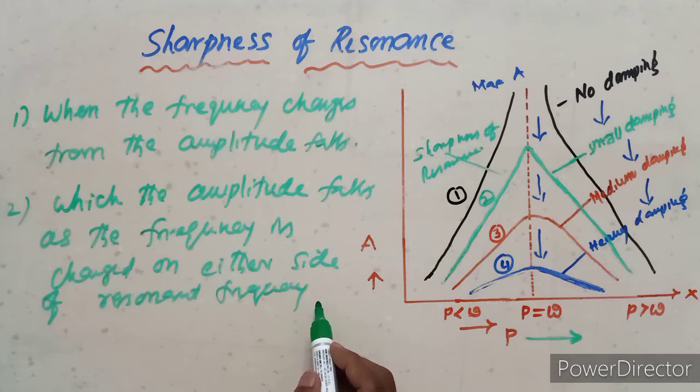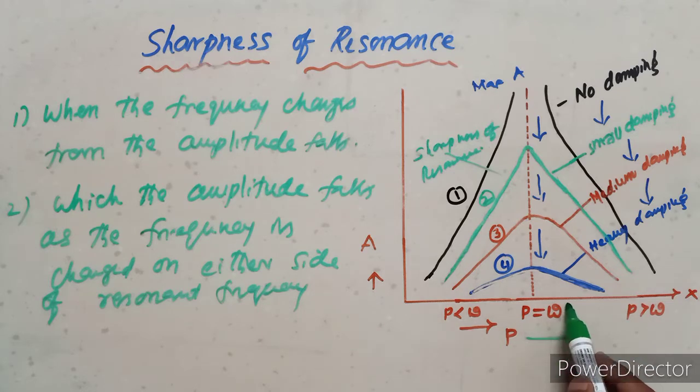The resonant frequency is related to the sharpness of resonance. Either p is less than omega or p is greater than omega, then the amplitude always changes.